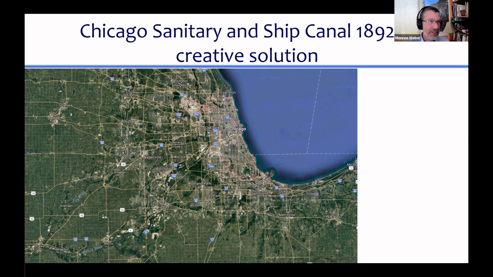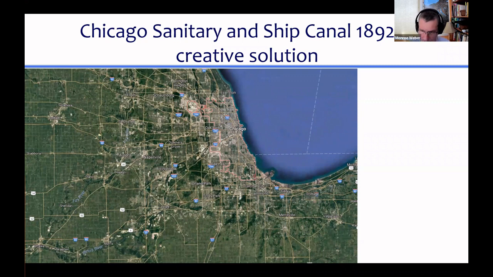And I love this solution. You know what the engineers in Chicago figured out? They looked at this problem and said, okay, the problem is that our sewage is ending up in the lake, and that's our drinking water. So if the sewage didn't end up in the lake, that would solve our problem. How could we make it so that the sewage doesn't end up in our lake?